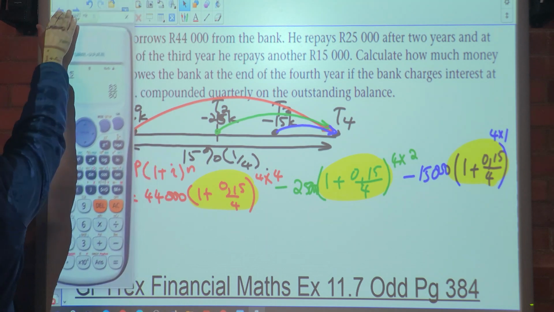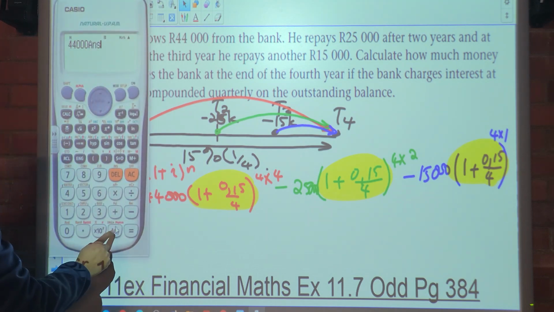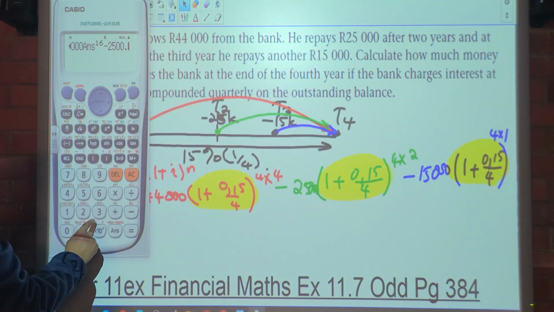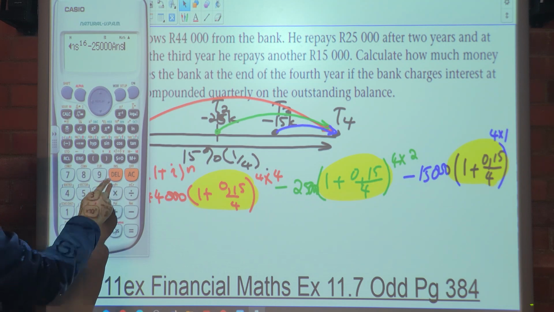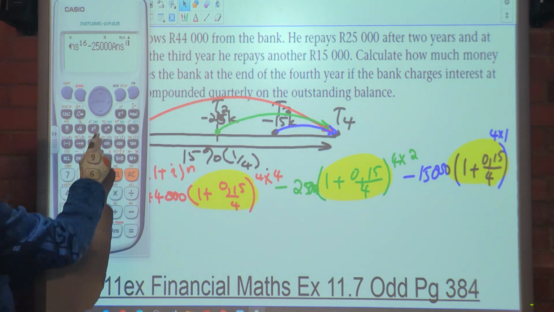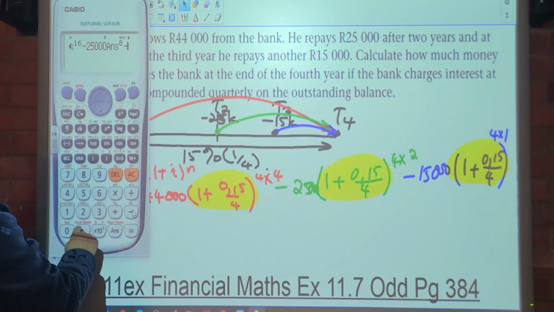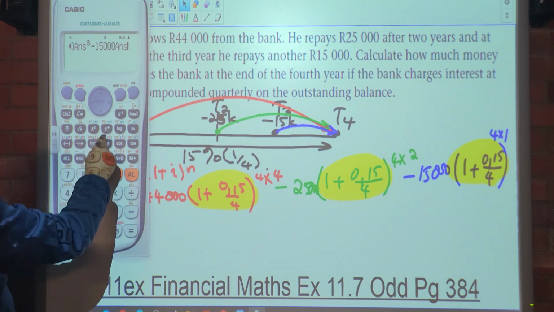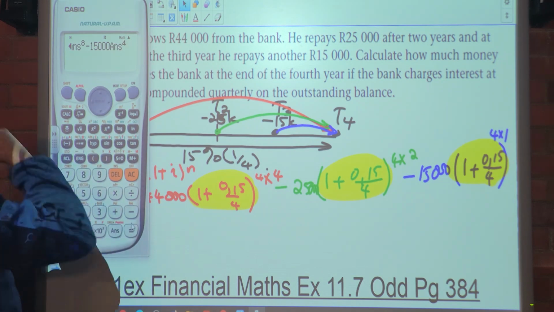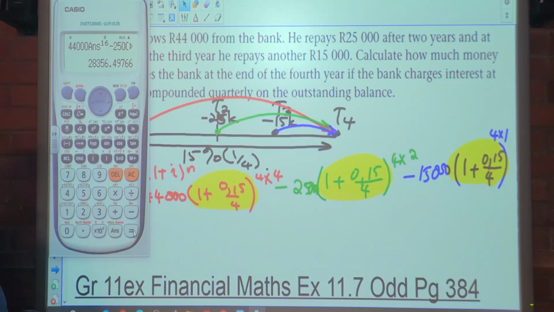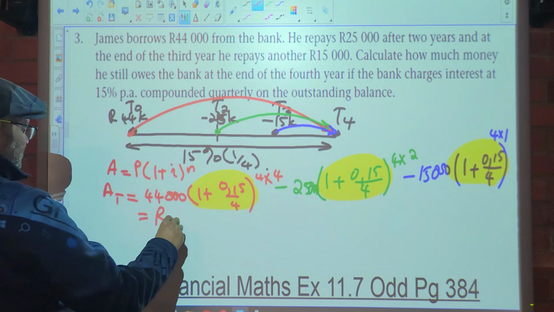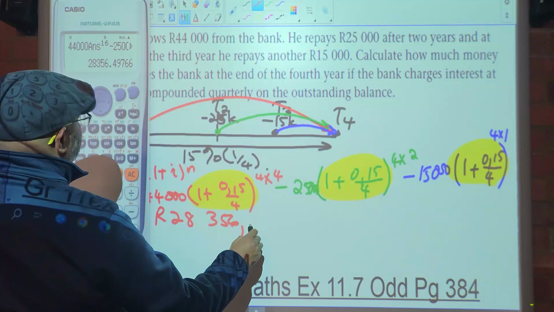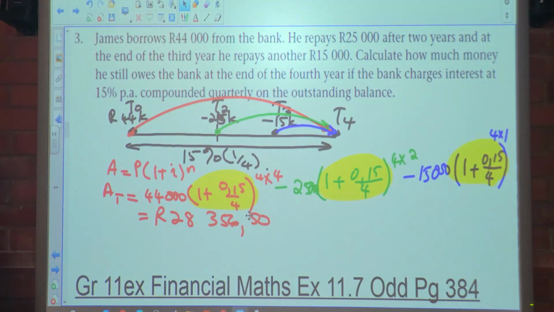Okay, so what do I have? 44,000 answer to the exponent 16, minus 25,000 answer exponent 8, minus 15,000 answer exponent 4. That gives 28,000. Is that correct? 28,356 and 56. Okay.